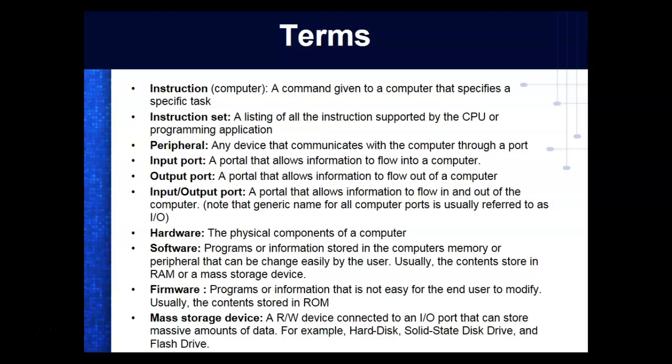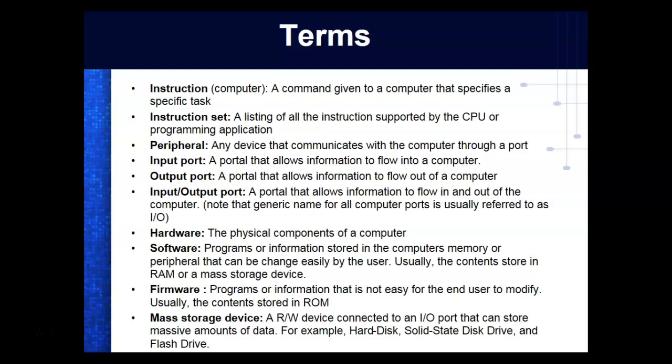An instruction set is a list of all the instructions supported by the CPU or programming application. So that's that little bar up there that I showed y'all, right? Where you could go through all the instruction set. Well, actually, it was all the instructions supported by RSLogix 500, but the ones that weren't supported by the CPU were grayed out, right?